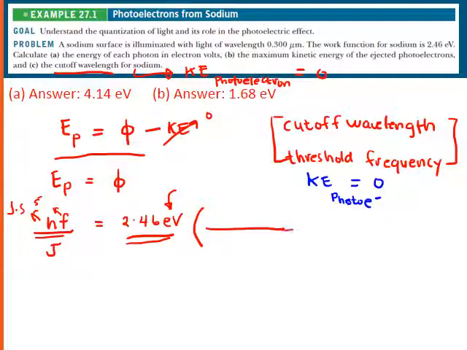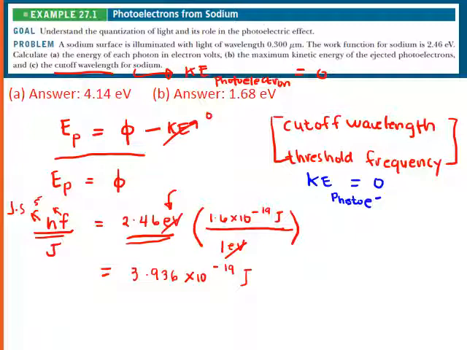To do that, we use the value that we know, that 1.6 times 10 to the negative 19 joules is equal to 1 electron volt. So we can cancel the electron volt, and that gives us that the work function is equal to 3.936 times 10 to the power of negative 19 joules.